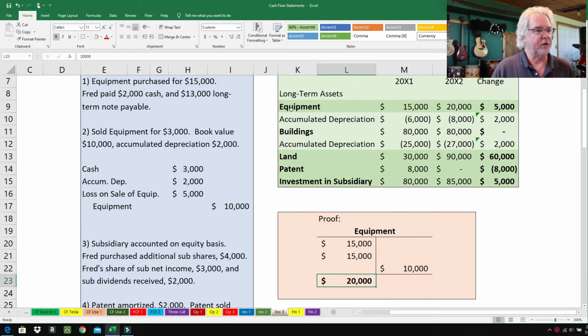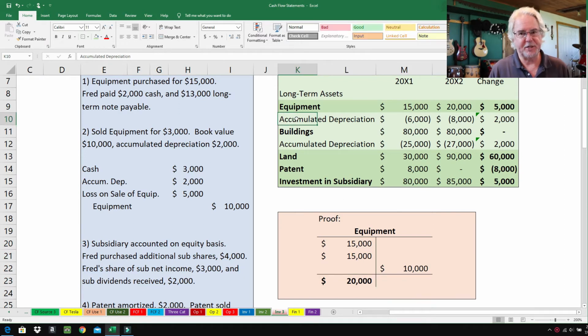So moving on, coming down to accumulated depreciation on these balance sheets. Accumulated depreciation we want to ignore. 99 times out of 100, you want to totally ignore it. All we're interested in is depreciation expense, and we can usually get that off of the income statement.